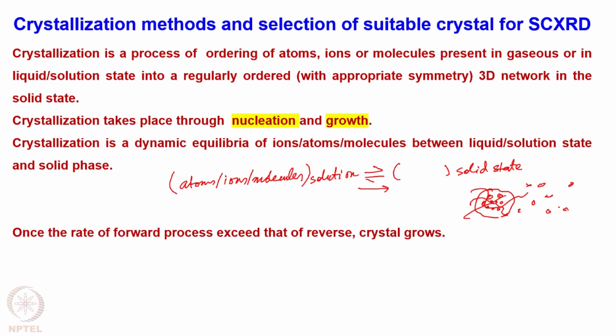and what happens is if we try to allow the solvent to evaporate or we try to lower the temperature, in either case we are trying to increase the concentration of the solute particles in the solution that we want to crystallize. So in this process, a critical size is achieved with these molecules or ions, which then can arrange in appropriate order to form a very, very tiny crystalline nuclei.